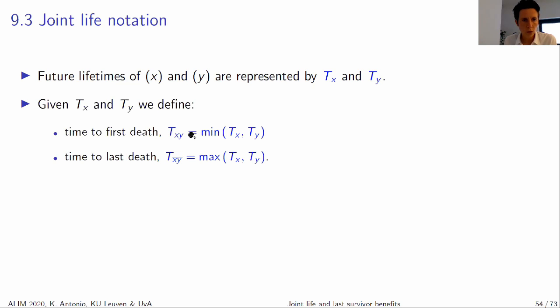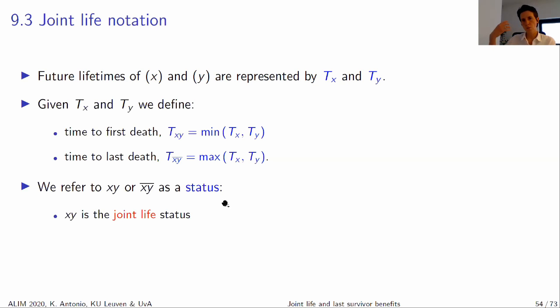And do note the notation that I've got over here, which is going to be very relevant in our actuarial notation for multiple life products. I've got the XY without a bar, and I've got the XY with a bar, right? And we're going to refer to this as a sort of status. So the status XY is active as long as they are both alive.